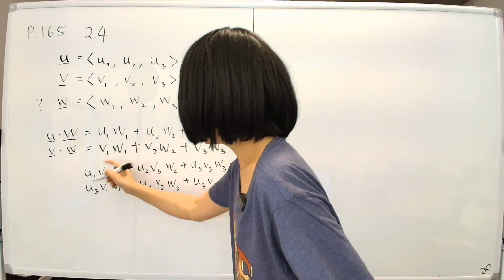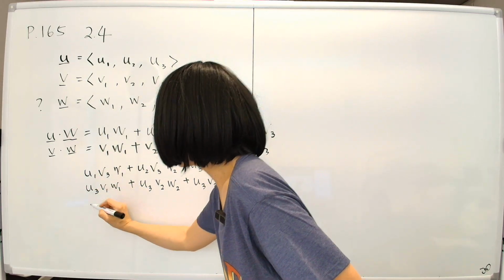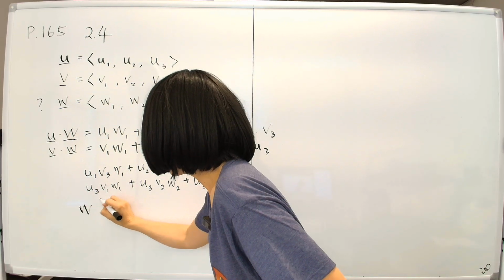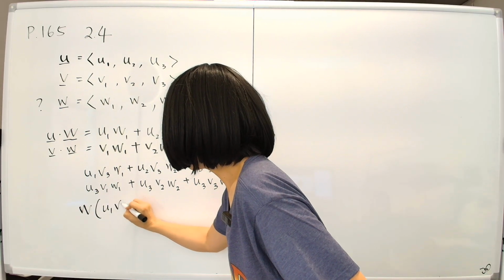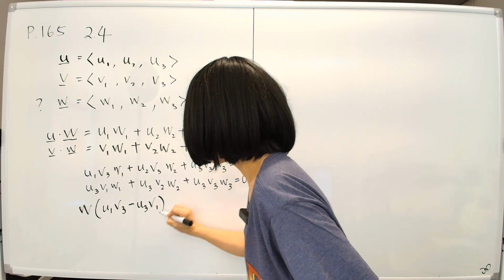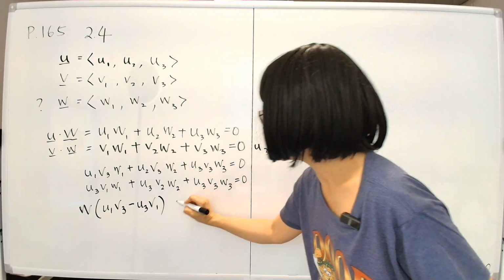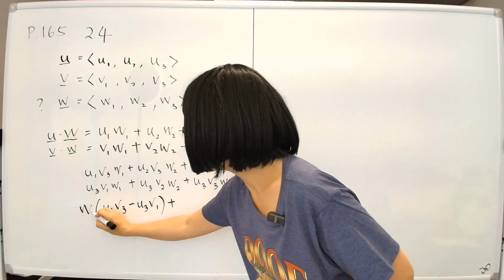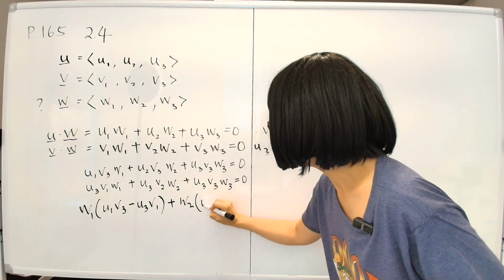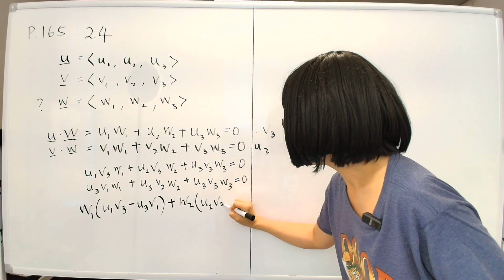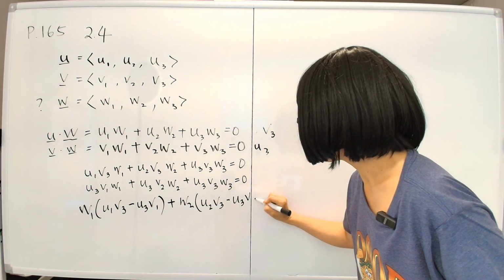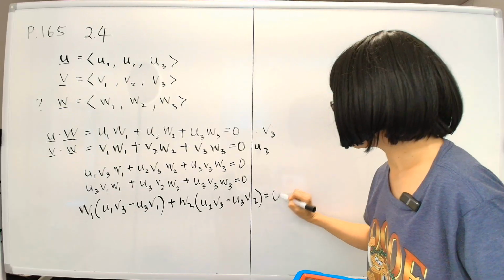So this minus that: w1 is being multiplied by u1v3 minus u3v1, plus w2 is being multiplied by u2v3 minus u3v2, and that equals 0.